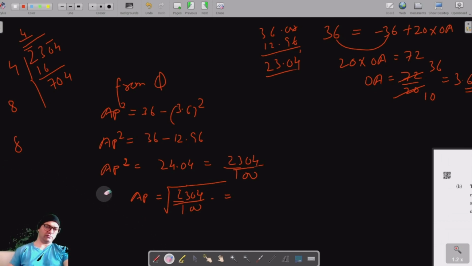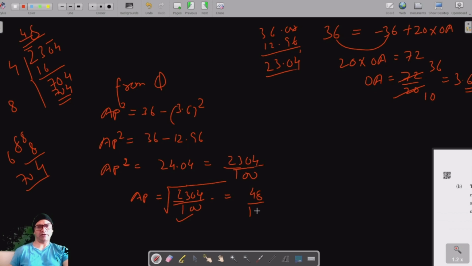We have to get 4. So this is 80. 8 eights are 64, and 60 is 70. So this is 48. And the square root of 2304 is 48, and the square root of 100 is 10.